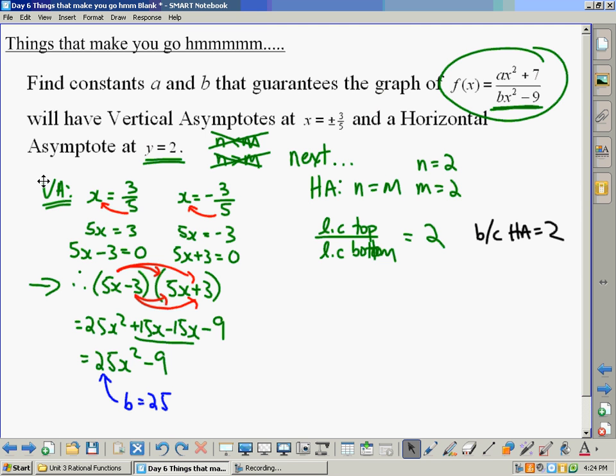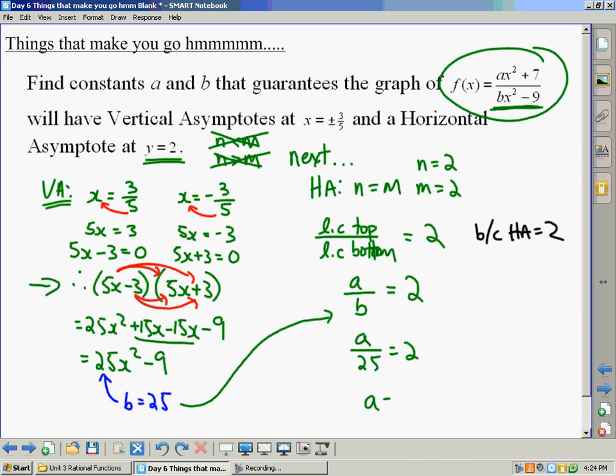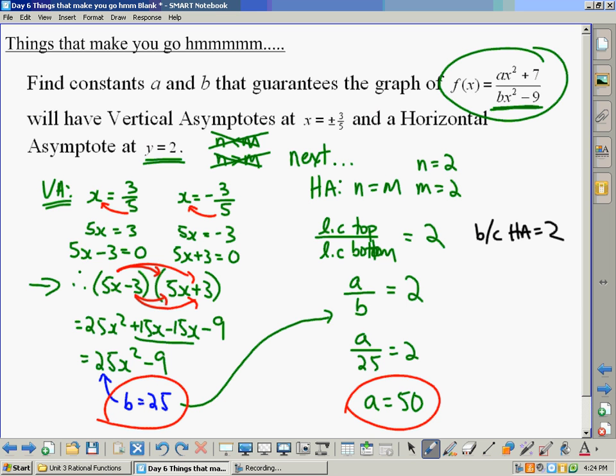The leading coefficient on the top is a, and on the bottom is b. We just figured out that b was 25, so a must have been 50. Therefore, I've been able to solve this and figure out that a is 50 and b is 25.